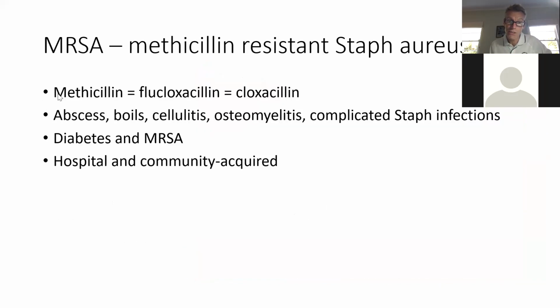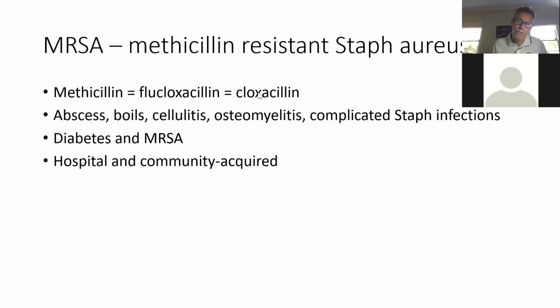So MRSA is methicillin-resistant Staph aureus, and of course we don't use the antibiotic methicillin these days, but the laboratory uses it to detect resistance to flucloxacillin or cloxacillin. And methicillin is the same as flucloxacillin, and that's the same as cloxacillin.